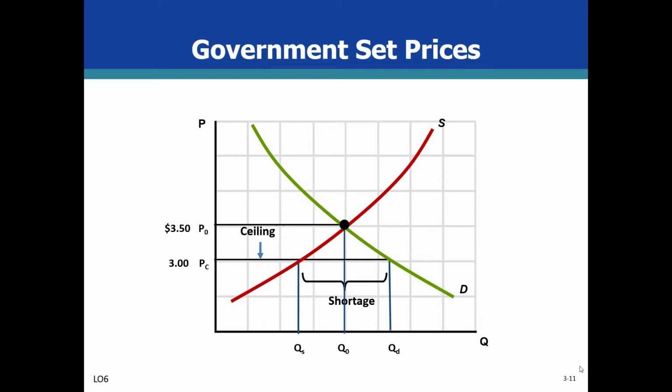Well, a shortage develops. Landlords only want to supply QS. They want to ration what is available. Renters want more at QD, leading to a potential black market situation where people with space actually rent it for more than the legal limit. Demand and supply are not in equilibrium. Price ceilings distort.